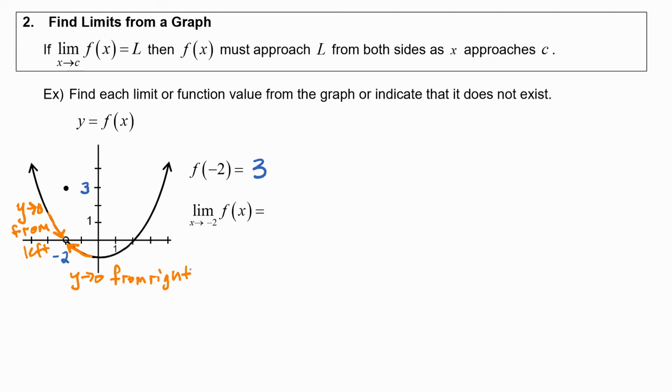Since f of x is approaching the same y value of 0 from both the left and right sides, that tells us that the limit as x approaches -2 of f of x is equal to 0. So notice that the function value at -2 is 3. The limit as x approaches -2 of f of x is 0. So the function value and the limit can be different values.